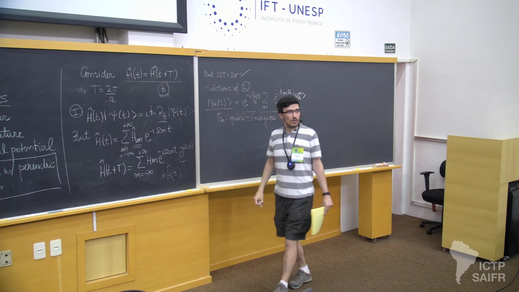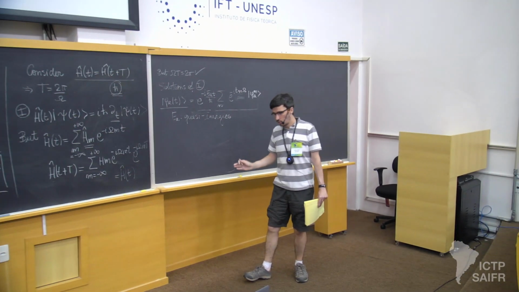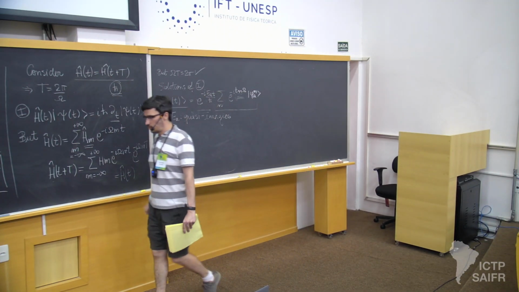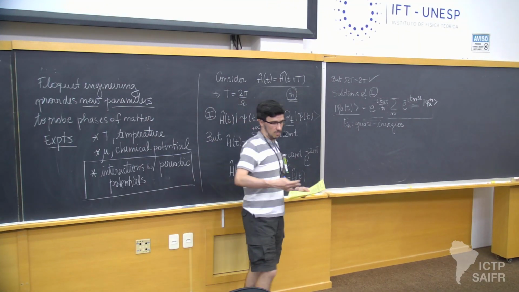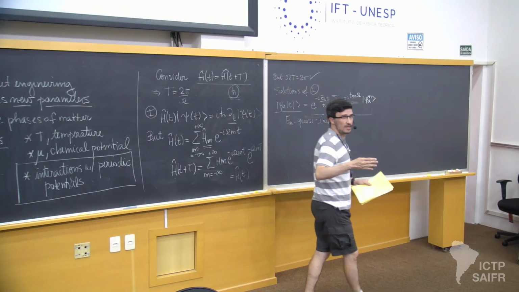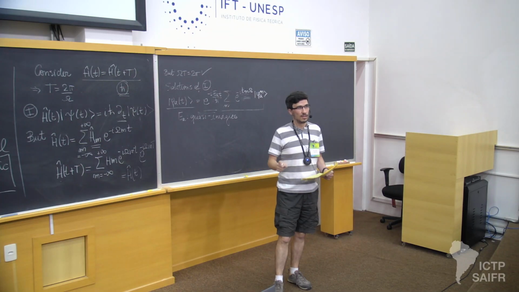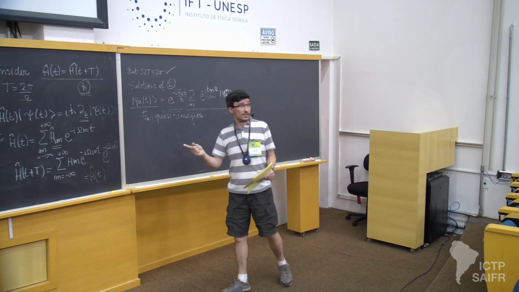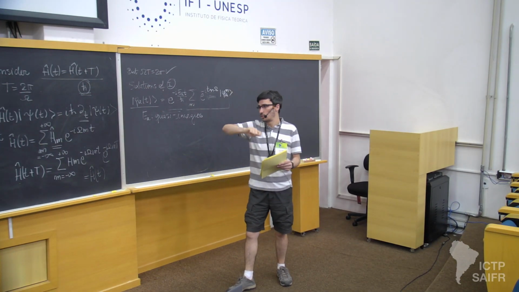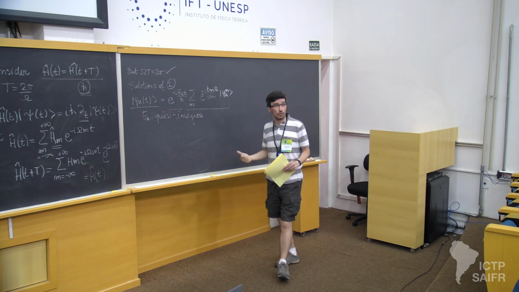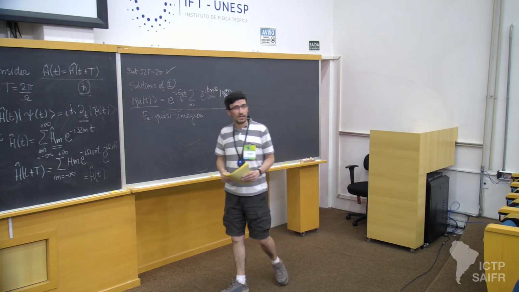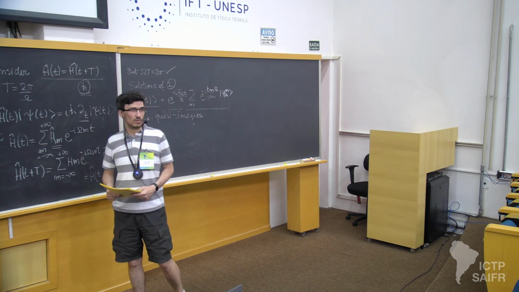So the analogy here with a crystal, remember, if you have a crystal, momentum is not a good quantum number, because you only have translations in real space by very specific vectors that take you from one point to another point in another unit cell. Here is the same thing. The Hamiltonian is periodic in time, but energy is not a good quantum number.